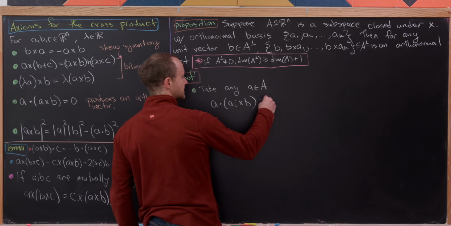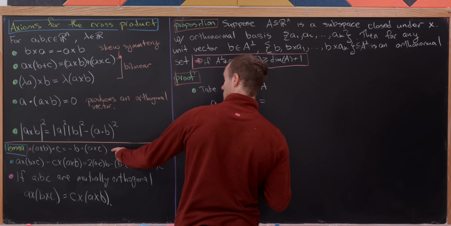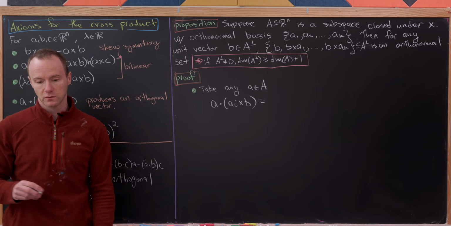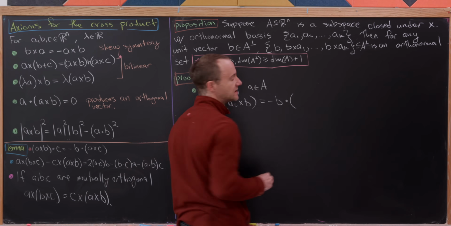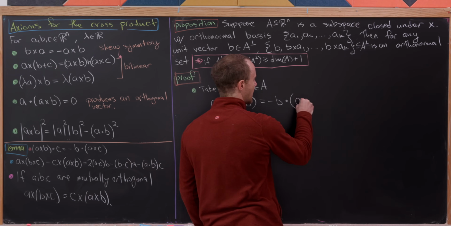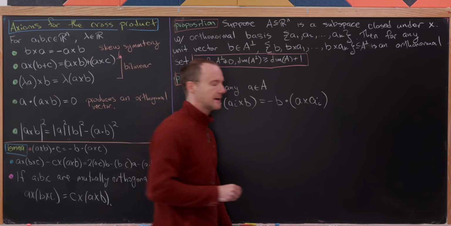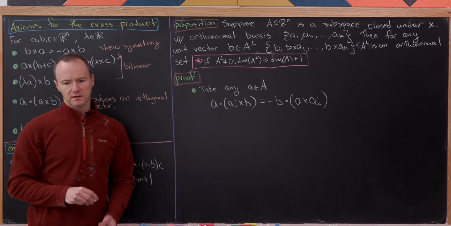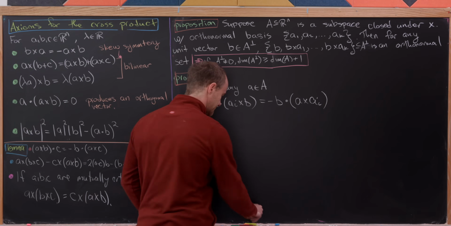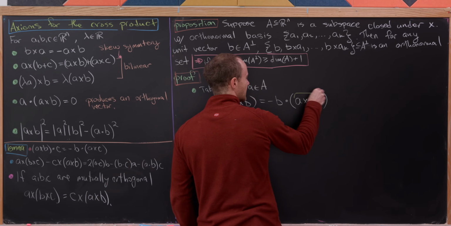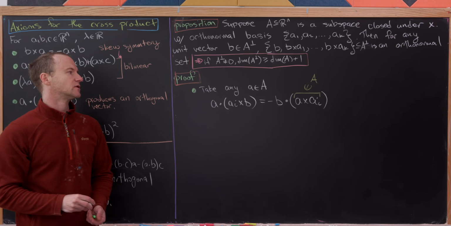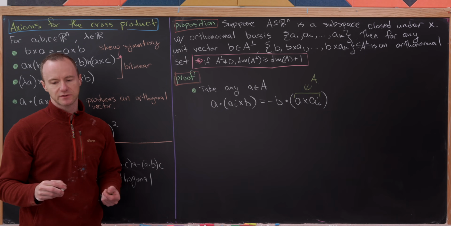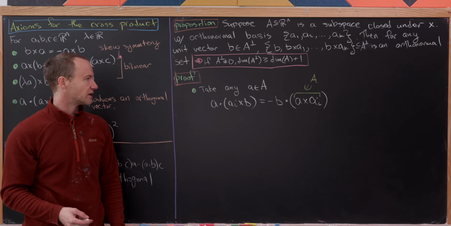Okay, so let's observe that we can use this rule over here. That seems to be a favorite rule at the moment, to write this as minus b dotted into a cross a_i. But then let's observe that a cross a_i is inside of A, because A was this closed subspace or this cross subalgebra.